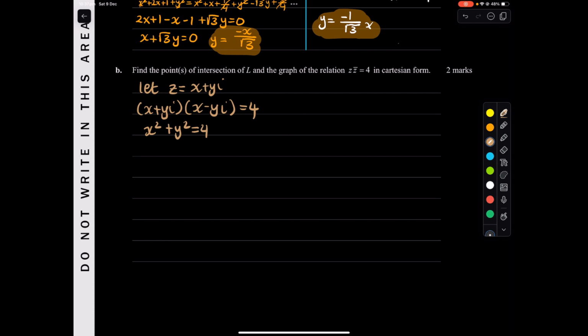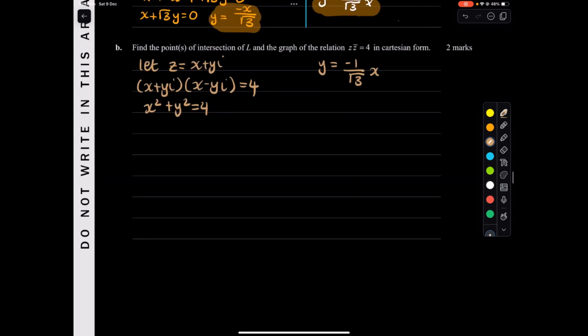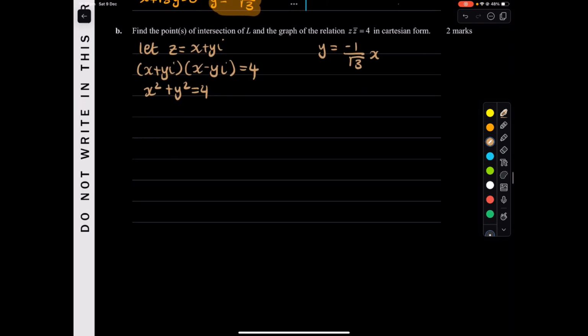And we know that the line L is what? The line L is, this is the equation, so it's just y equals negative 1 over root 3 x. We just did that. And okay, let's find the point of intersection. So imagine subbing the y value into this. So it's going to be x squared plus y squared, so x squared over 3 equals 4.